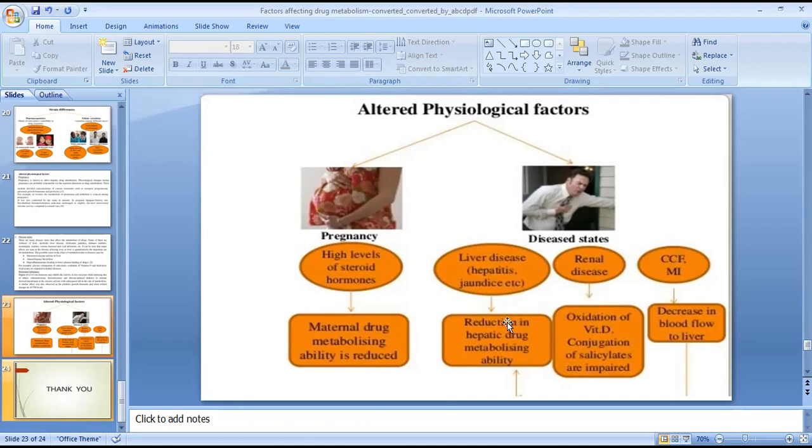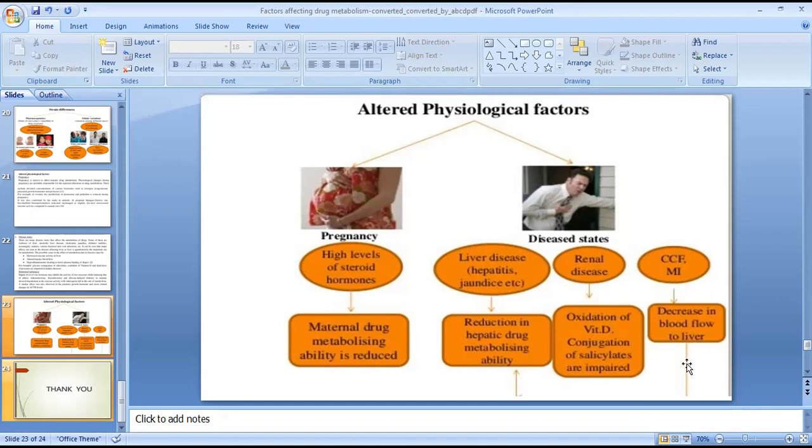If a liver problem is there, that is hepatitis or jaundice, the main problems associated with the liver, there is a reduction in the hepatic drug metabolizing ability. The next is renal disease, which impacts the oxidation of vitamin D and the conjugation of salicylates. And if there is a heart problem, that is congestive cardiac failure or myocardial infarction, there is a decrease in the blood flow to the liver.